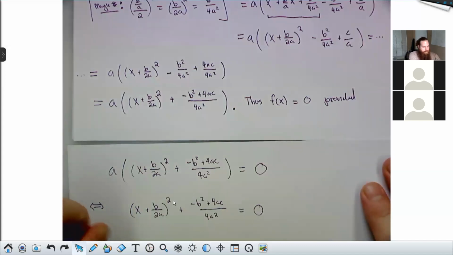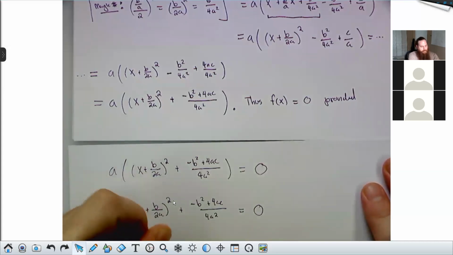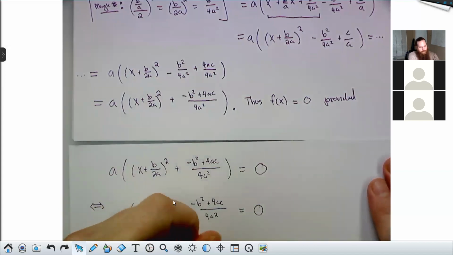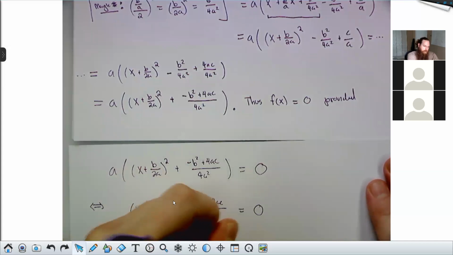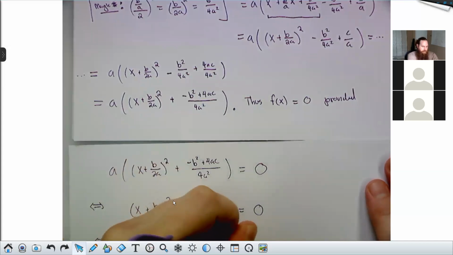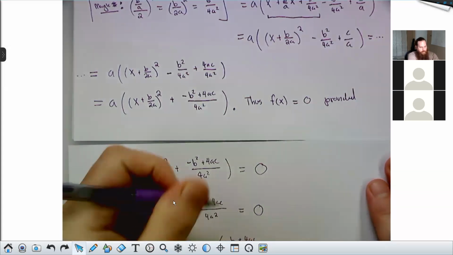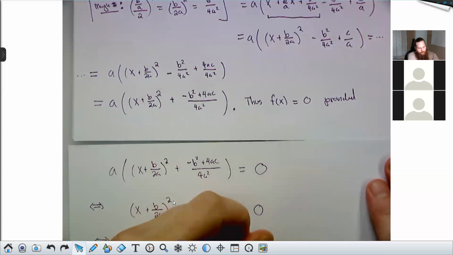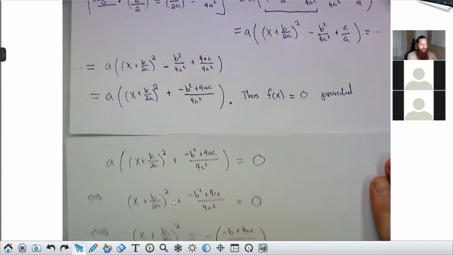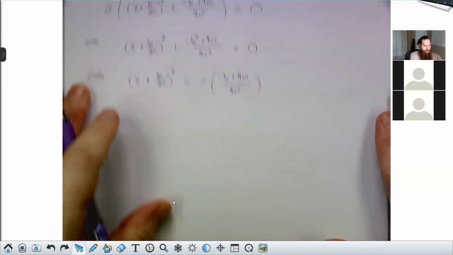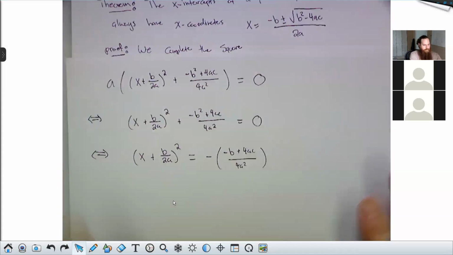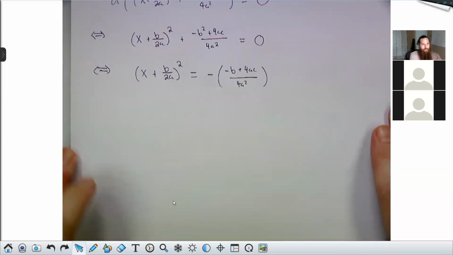So now I subtract that term to the other side and I get x plus b over 2a squared equals negative b plus 4ac all over 4a squared. Like this.